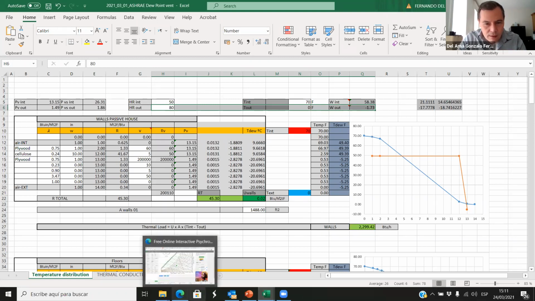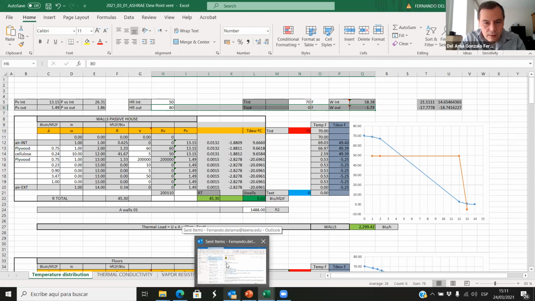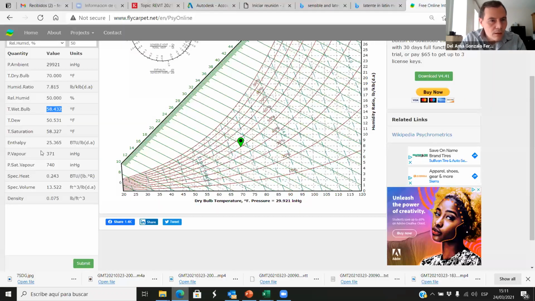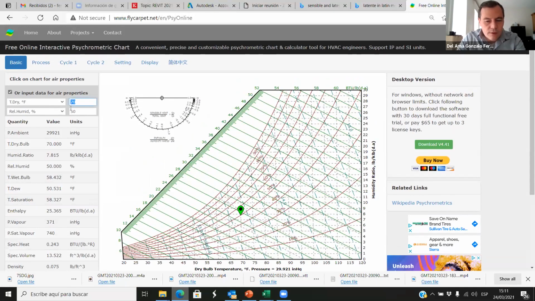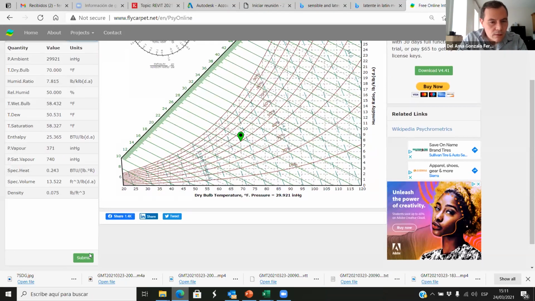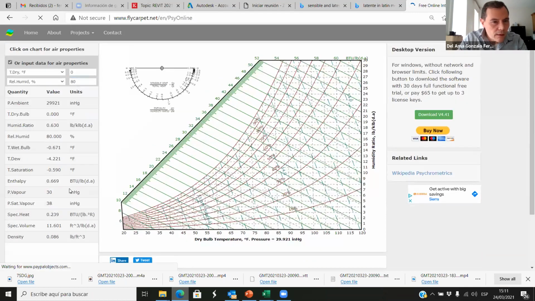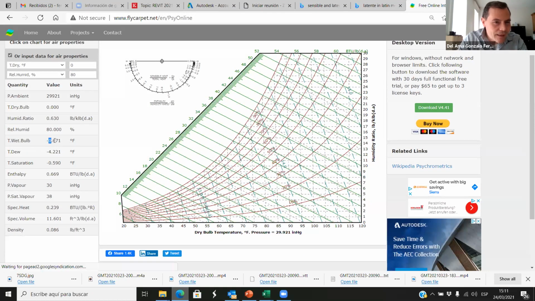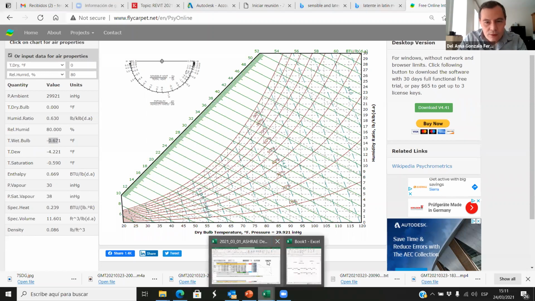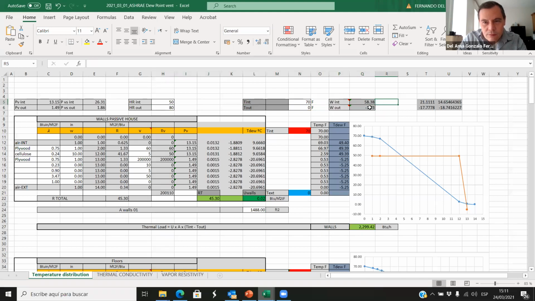So we will try 0 and 80. If the outdoor temperature is 0 and the relative humidity is 80, submit. And the wet bulb is negative 0.67, and according to this it should be negative 1.6.